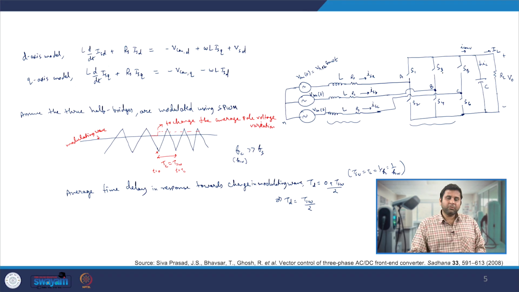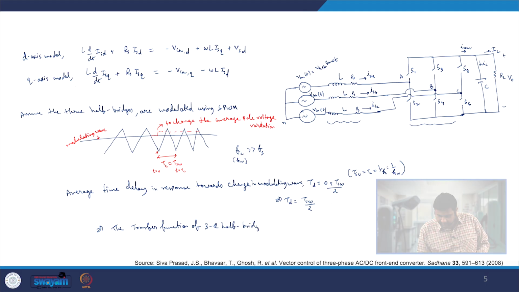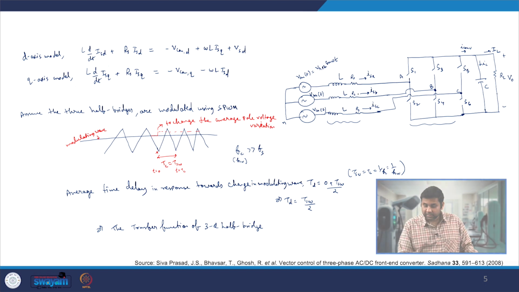Now the average delay in response will be appearing at the output of these half bridges, and if we assume the best possible case scenario to be a single order delay function, we can define the transfer function of the three phase half bridge. We are only considering the half bridge, not any delay due to the change in the current in the inductor or the change in the voltage across the capacitor.